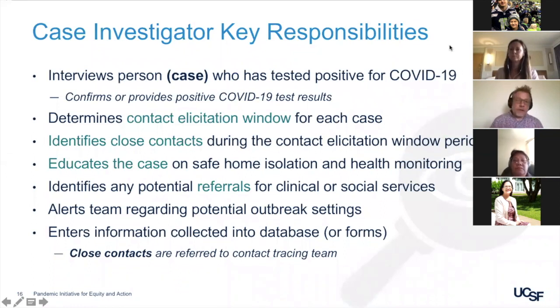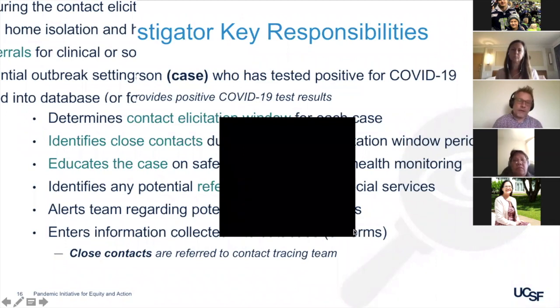So in terms of the roles and responsibilities for the case investigator, the primary role is to reach out to the individual who's infected with COVID-19. We use this term case to refer to those individuals. Confirm that they are in fact infected with COVID-19 based on laboratory data, and then find out from them who their close contacts are.